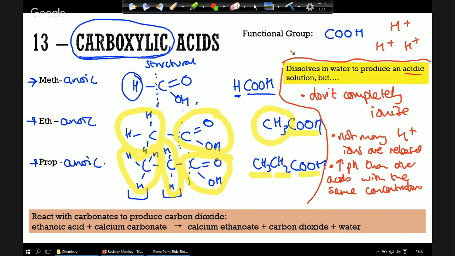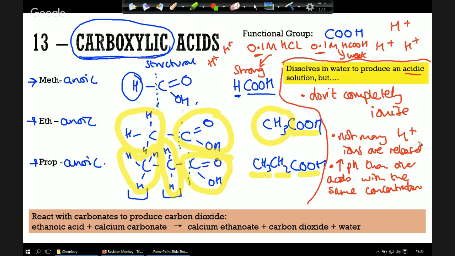And what that means then is, if I write it up here, if you've got something like 0.1 molar concentration hydrochloric acid, and if you had 0.1 molar, the same concentration of methanoic acid, HCOOH, this one would be a stronger acid and this one would be a weaker acid, because this one would have many more of these hydrogen ions free to move around, whereas this doesn't completely ionize.